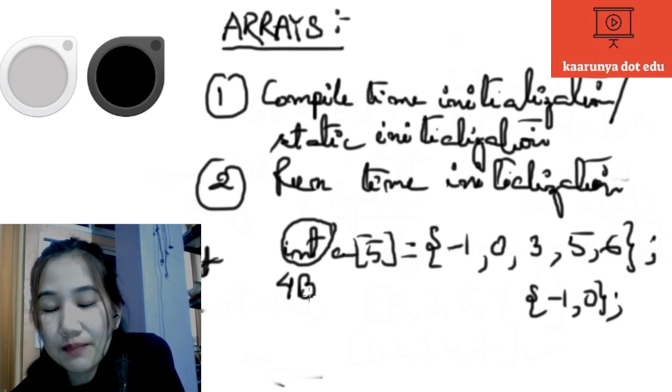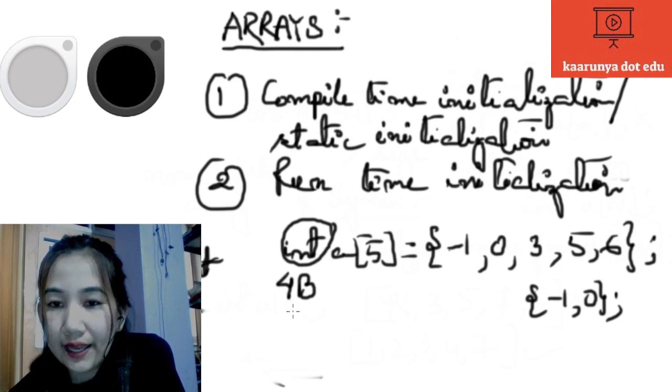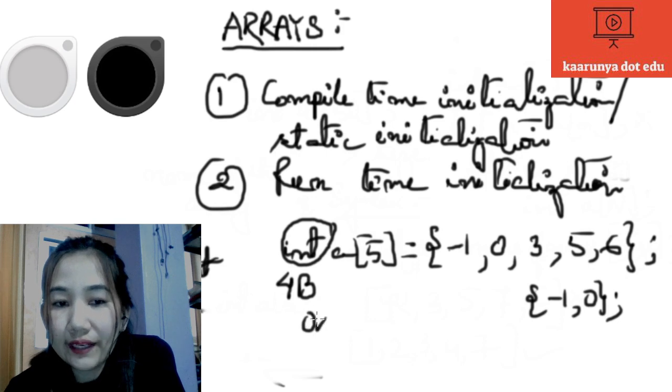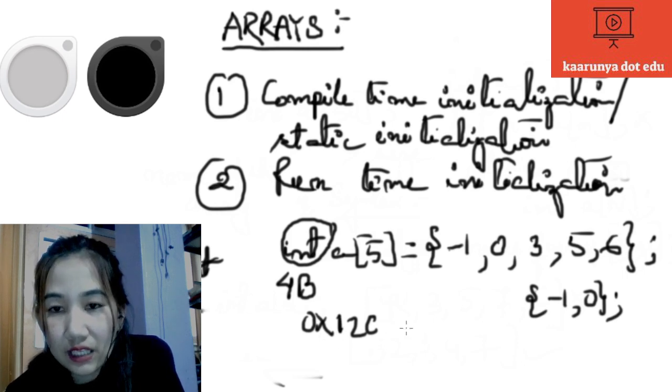For simplicity, we are explaining things in the decimal format, but you should always keep in mind that inside the computer's memory, these addresses are always in hexadecimal format, meaning numbers starting with 0x, where the x can be a small or capital letter, followed by digits like 1, 2, c, etc. These are hexadecimal numbers.